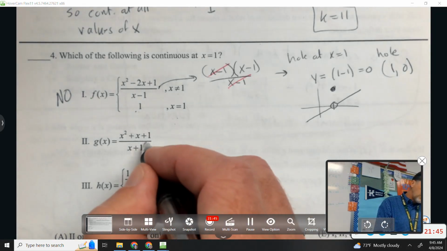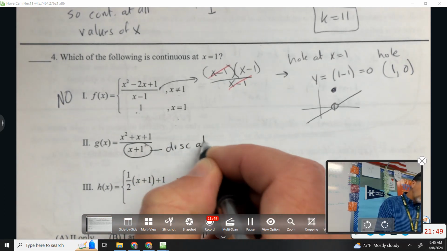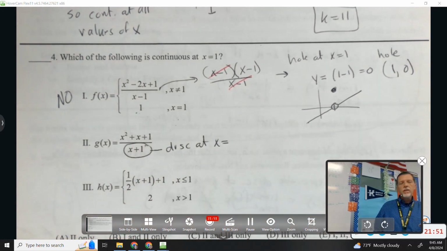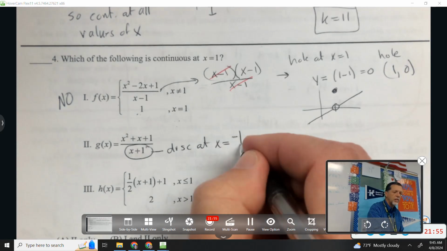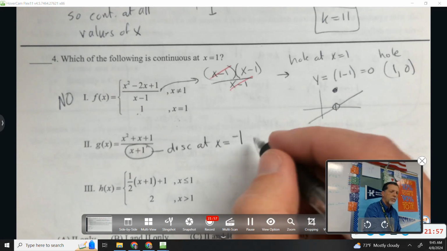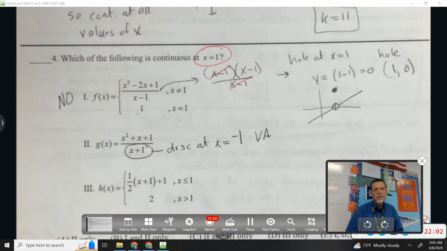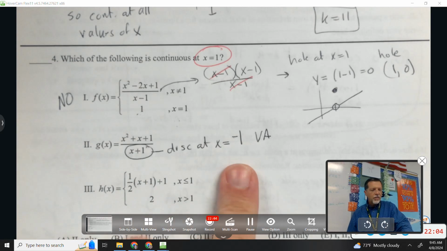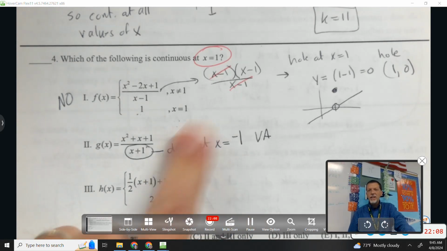All right, statement 2. Where is statement 2 discontinuous? At -1, there's a vertical asymptote there, but this question was about at x equals 1. So yes, there's a vertical asymptote at -1, it's not continuous at -1, but that's not the question.